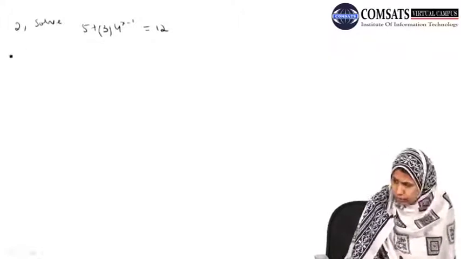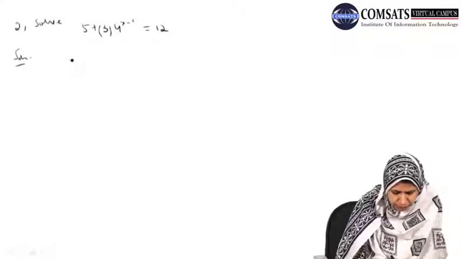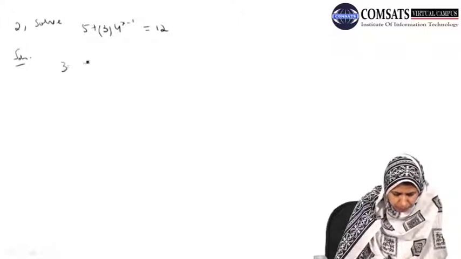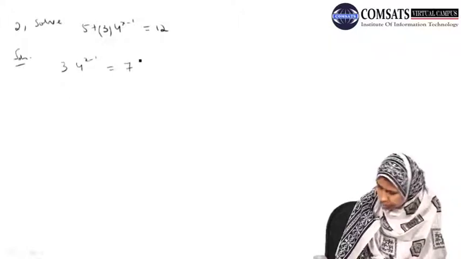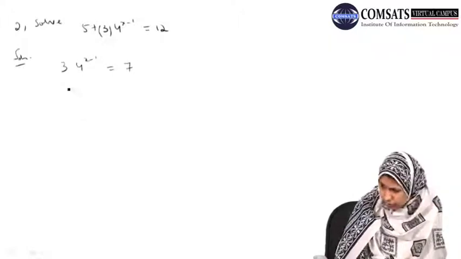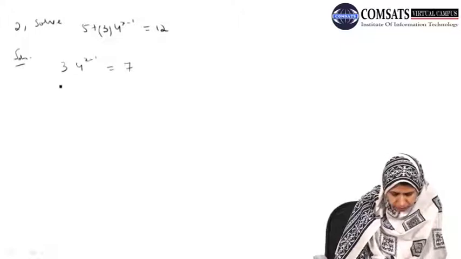Okay, then we will first simplify it as 3 into 4 to the power x minus 1 is equal to 7, and 4 to the power x minus 1 is equal to 7 by 3.